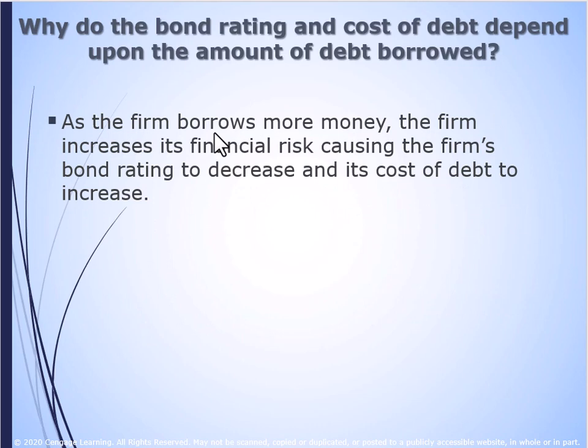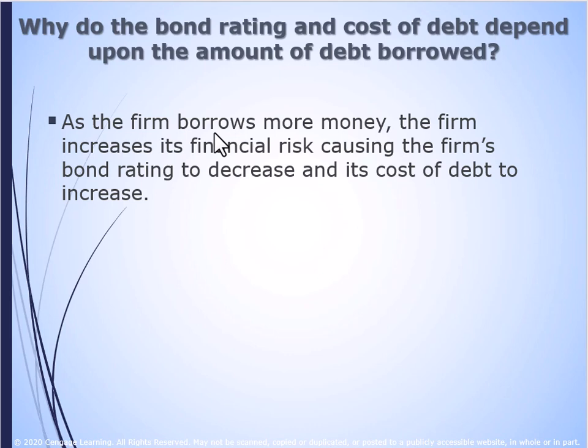So why do bond ratings and the cost of debt depend on how much debt you borrow? Hopefully that's not too difficult to understand. As a company borrows more, it increases financial risk.